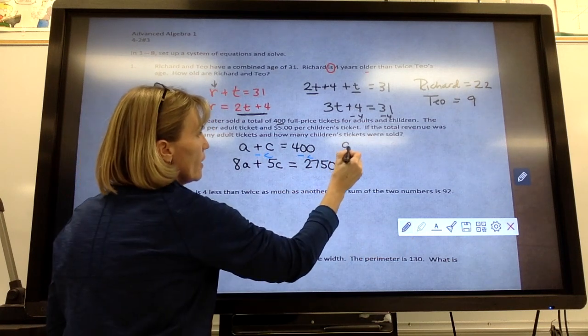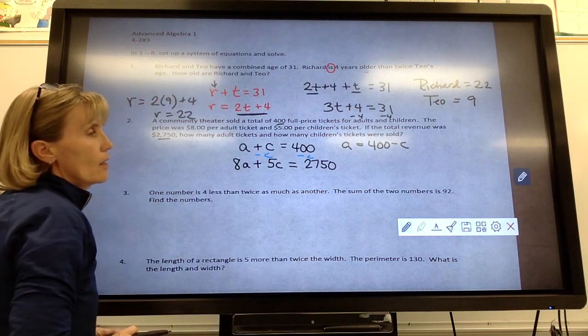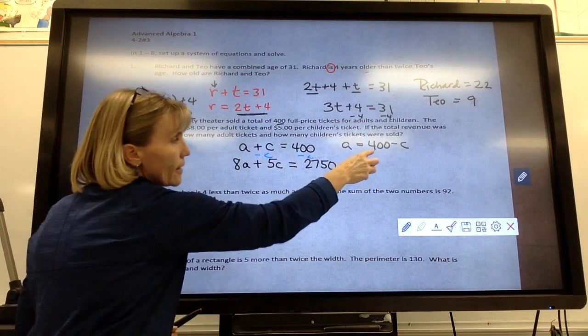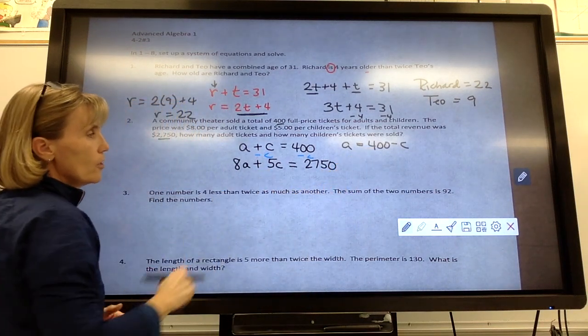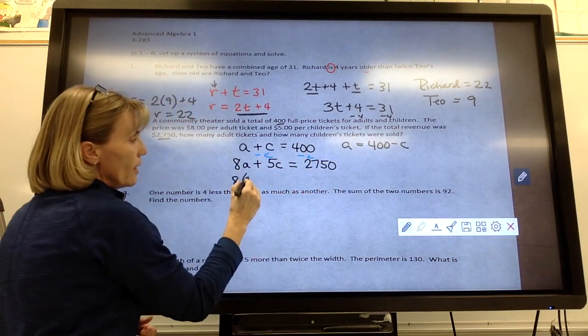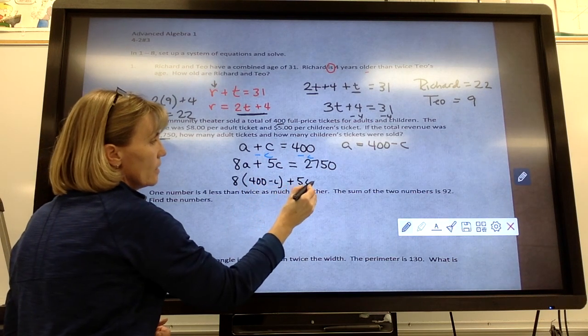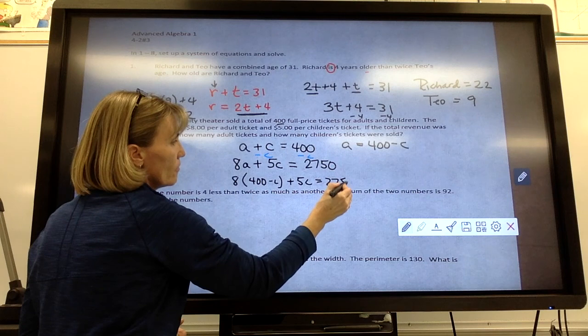So I would have A equals 400 minus C. And now I'm ready to substitute that into the bottom equation. So I'm going to say 8 times, instead of A, what A is, which is 400 minus C, plus 5C equals 2,750.